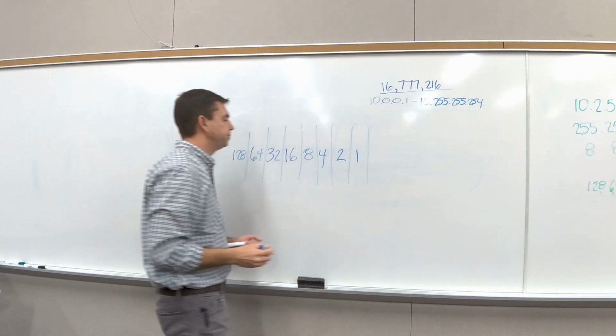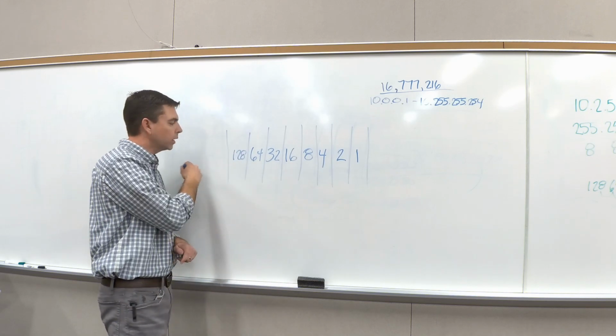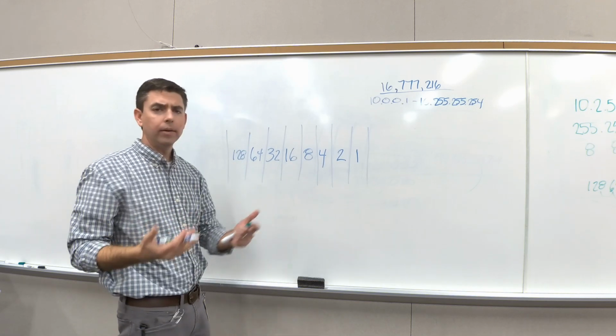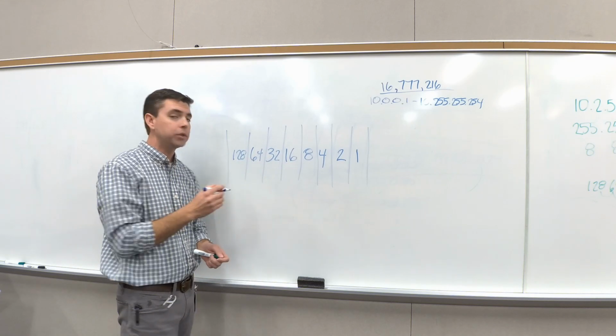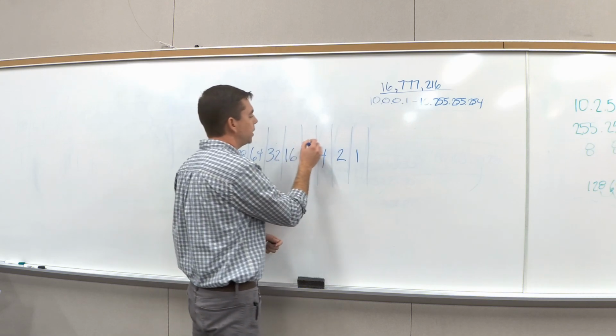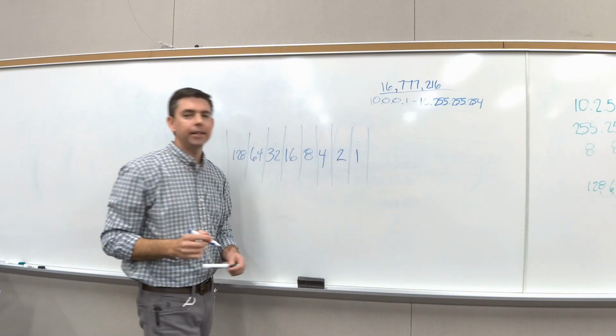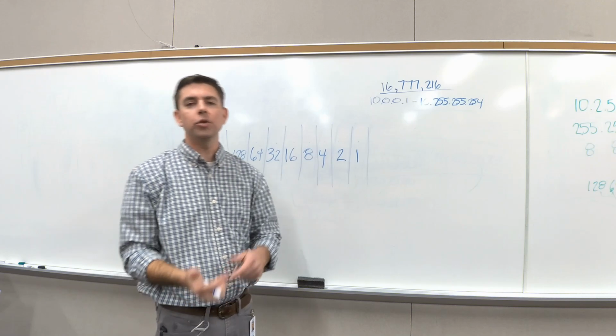And we're not going to go to 256, etc. Why? This is where the term octet comes from, because how many columns do you see? 1, 2, 3, 4, 5, 6, 7, 8. 8. The name octet refers to 8.